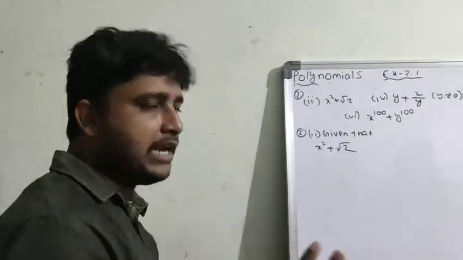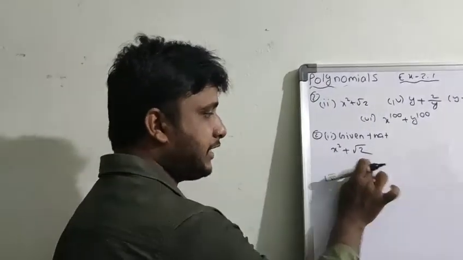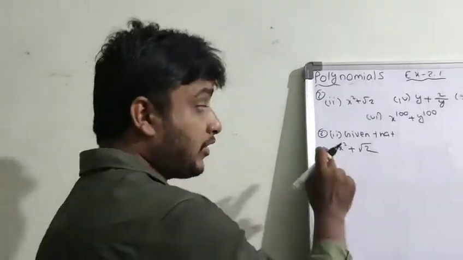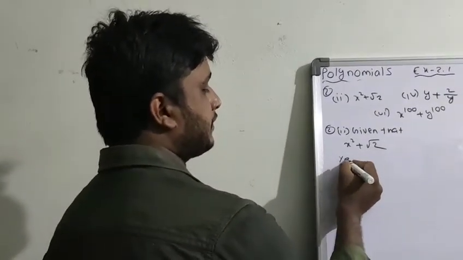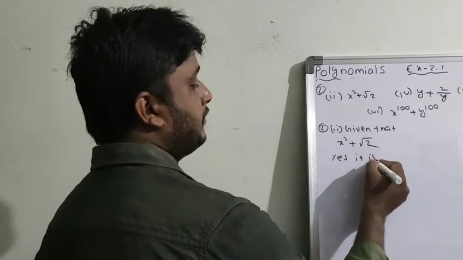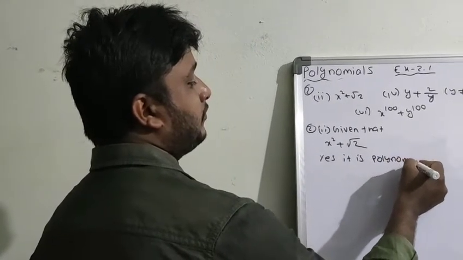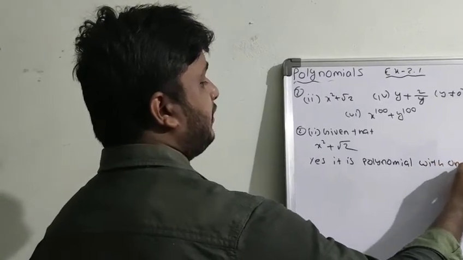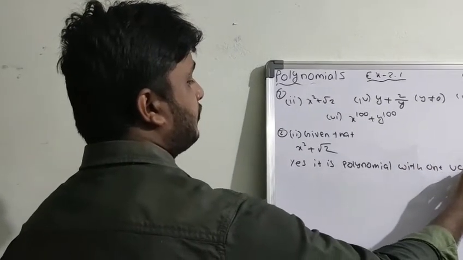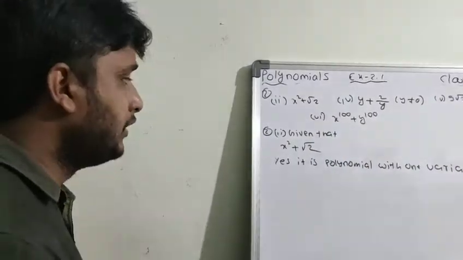But we have to think only about the power of the variable. How many variables are there here? One variable, very good. And the power of the variable is 2. Therefore, yes, it is a polynomial with one variable. Directly you can say. Okay? So coming to the fourth one.